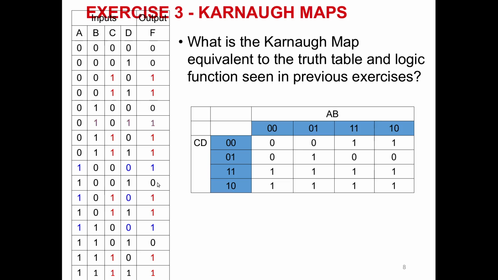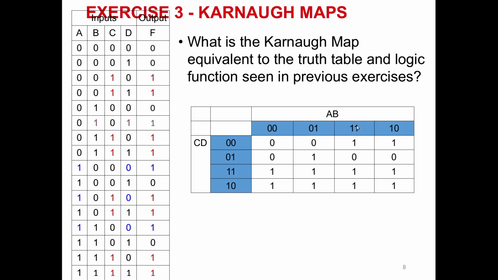The fourth output of 0 here is for AB 1, 0 and CD 0, 1. So here at 1, 0, 0, 1, this element, we fill it with 0. And one more output equal to 0 occurs here when AB is 1, 1 and CD is 0, 1.